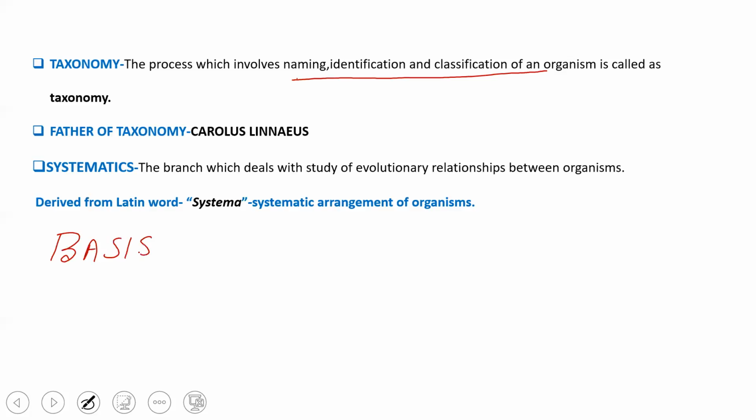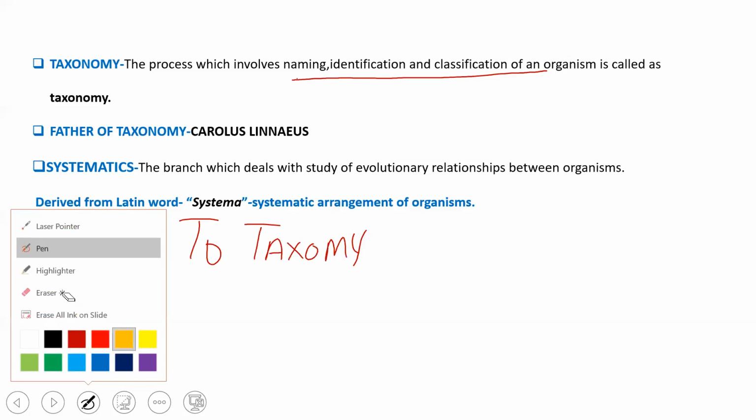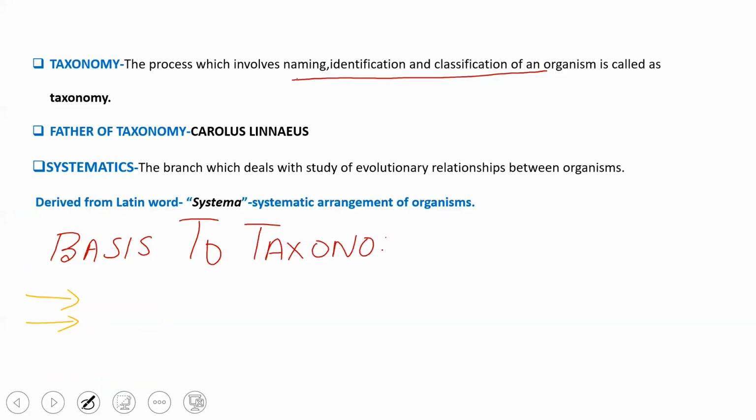So what are the basis to taxonomy? The basis of taxonomy includes four important processes. So what are the four important processes? One is you're going to identify an organism. Once you identify the organism, then you're going to write the characteristic features. So the first one is identification.